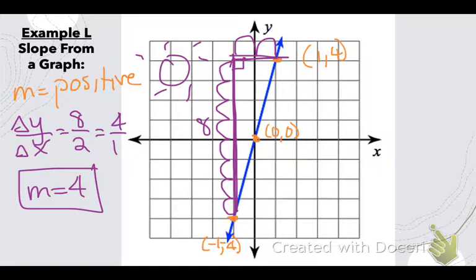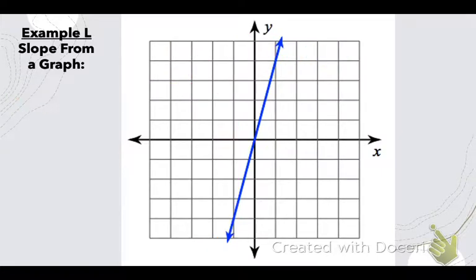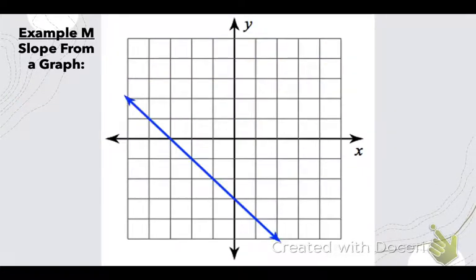One more example. Example M is a line that, if you're looking at it from left to right, is going downwards. So my slope is going to be a negative number. And I have a number of perfect points here, basically at every point on that line.